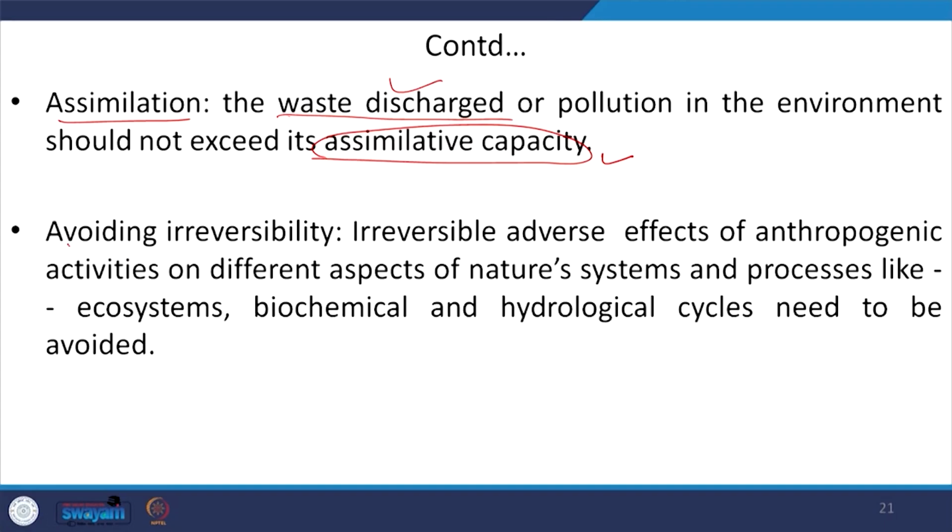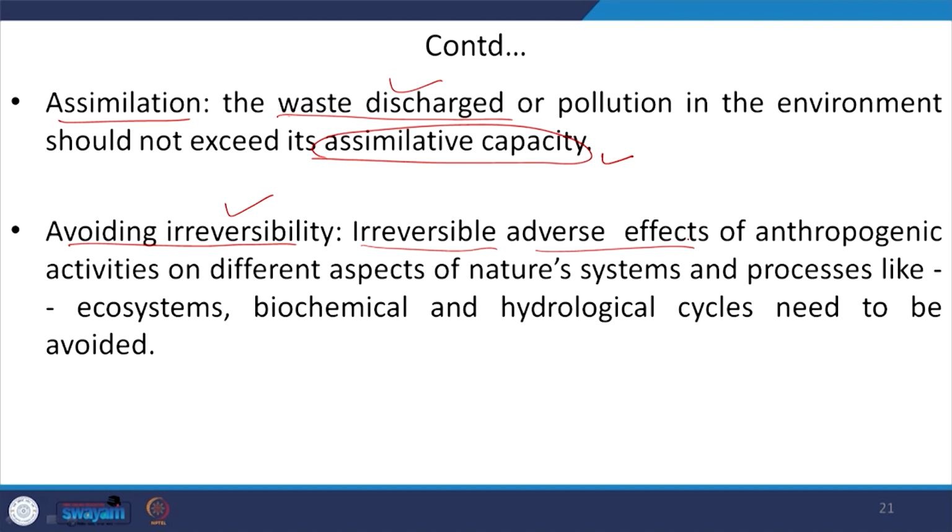And the last criterion in this regard is avoiding irreversibility. If you can avoid this irreversibility, that means we can avoid these irreversible adverse effects that we are observing out of these anthropogenic activities or human activities in terms of the production systems.